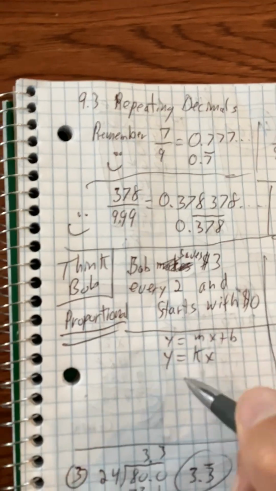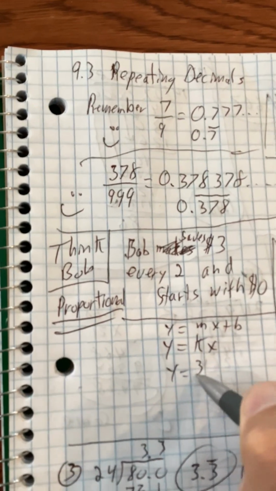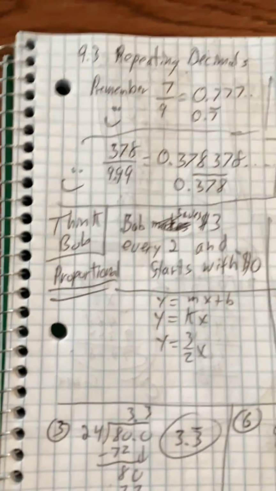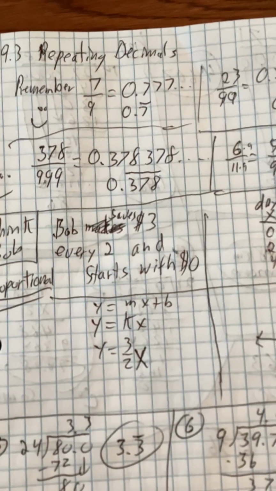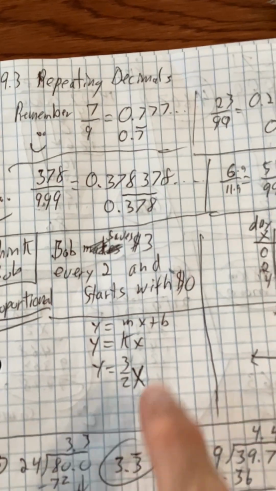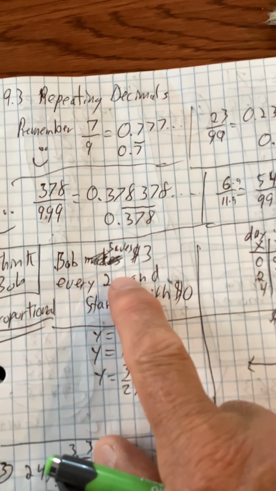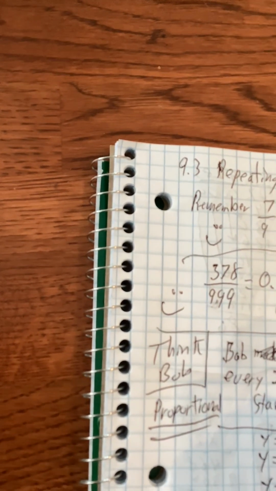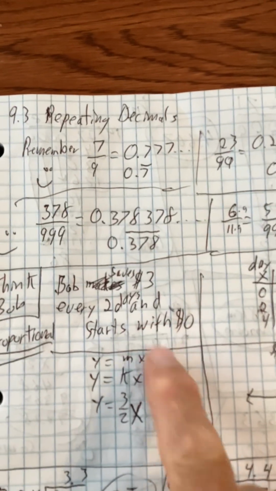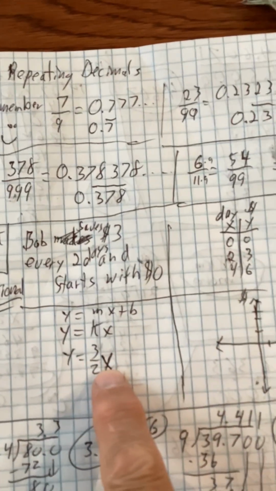So you don't need this when it's proportional, you just need this. Y equals 3/2x, which is your rate, $3 every 2 days, sorry. Every 2 days, which is your rate, which just goes there.